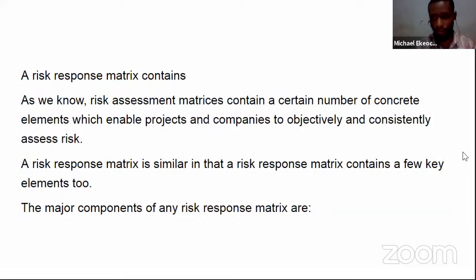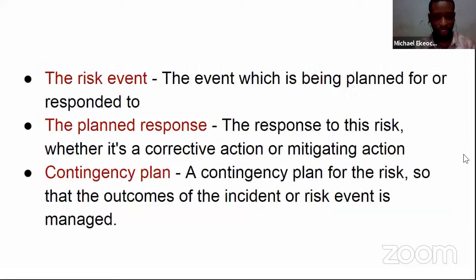Like I said, there are some things contained in the risk response matrix. You have the risk events, which are the events that are planned for or responded to. Then you have the planned response, the particular strategy you intend to employ to address that risk, whether it's corrective or mitigation or avoidance or whatever.